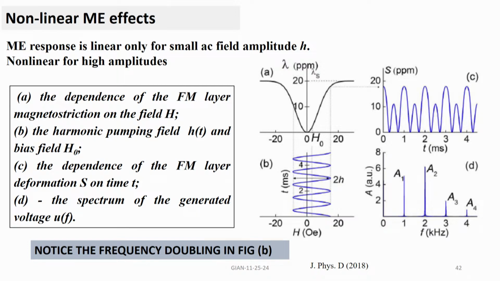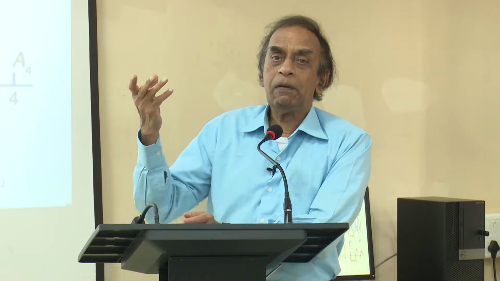Okay, so far we considered only linear magnetoelectric effect. Now, I told you that if you apply an AC magnetic field without any bias field, there will be very little magnetoelectric response. That was provided that the amplitude of the AC field is much smaller than any bias field you may apply.